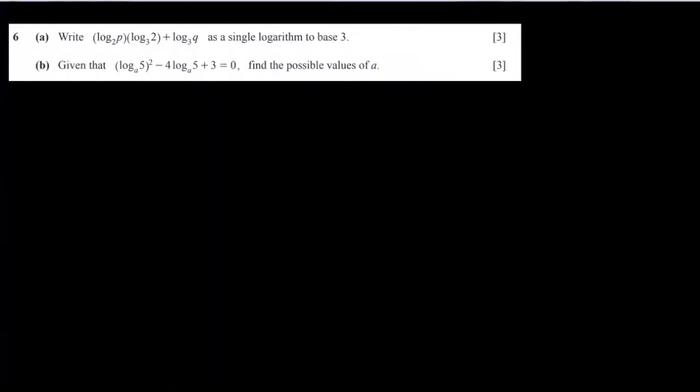Question 6a. We have to express these as a single logarithm with base 3. The good thing is that two of them are already base 3. The only problem is log base 2 of p. We have to convert this to log base 3 first and then we will combine them. So let's do it. First, I will write log base 2 of p.